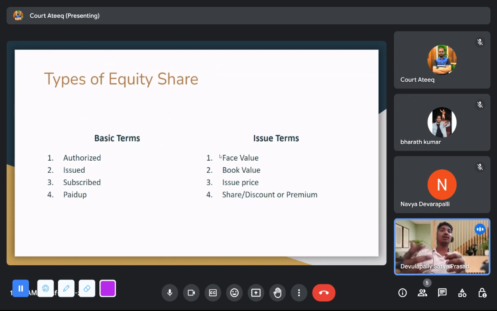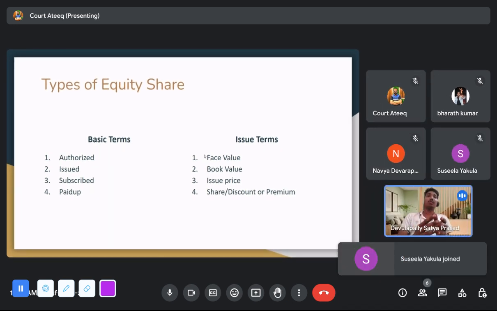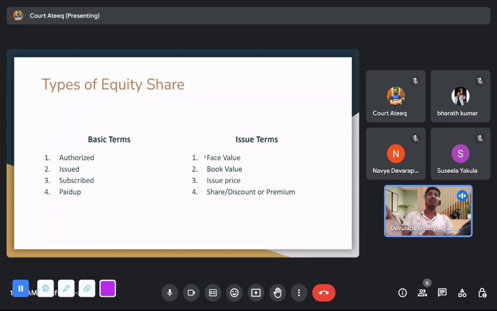It is the price the company has issued to the public when the company goes through an IPO process. The company can decide the issue price in two ways. One is fixed pricing, and the second one is book building. And the last one is share premium or discount. How much amount the company has issued at a premium or discount is called this.